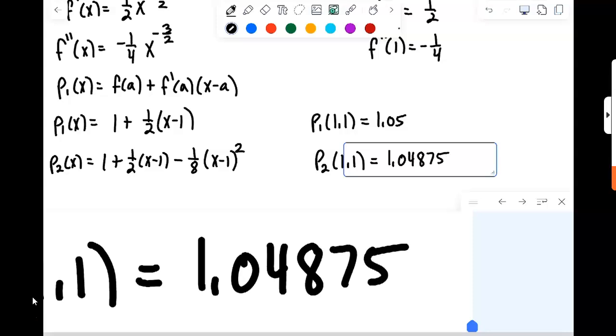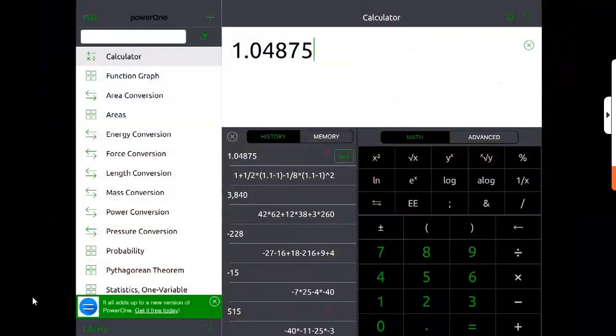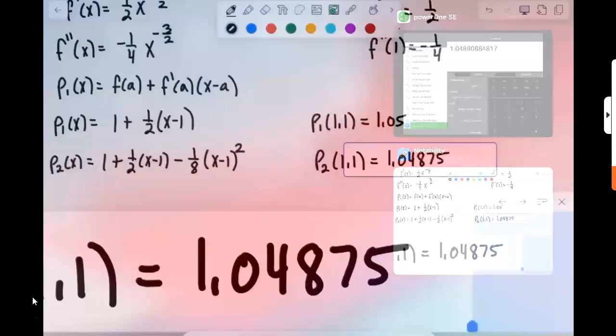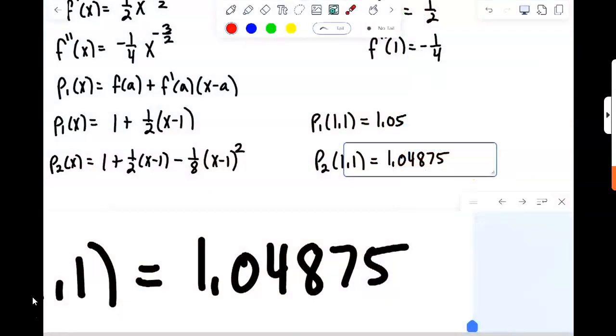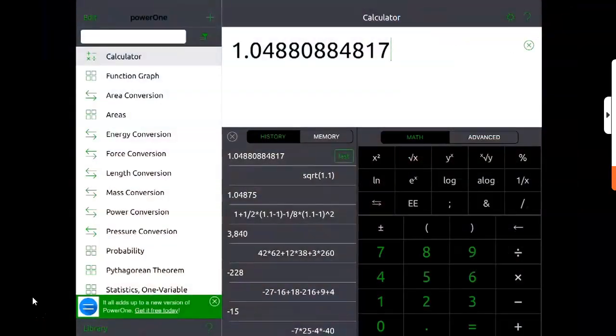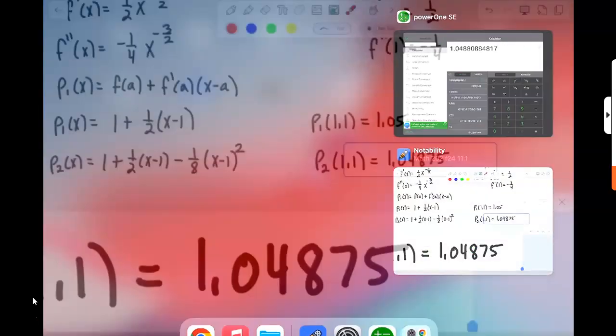And that's pretty good when you compare it to the actual square root of 1.1, or at least as good of an approximation that a calculator can give, which is 1.0488. Now if we go to 4 decimal places, we're there. If we rounded this off to 4 decimal places, we would actually be in line with the actual answer.